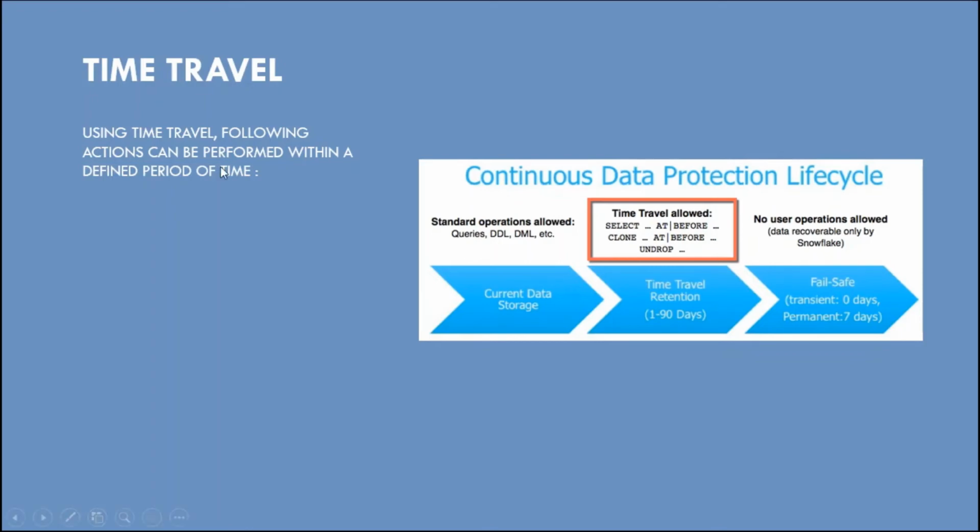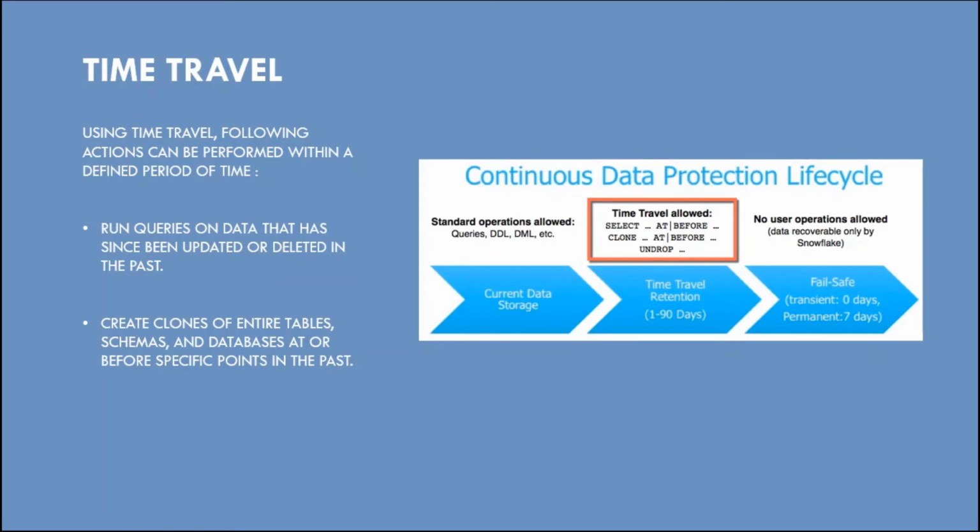Now let's see what operations can be performed using time travel within a specific period of time. First, we can run queries on data that has since been updated or deleted in the past. As I have explained, we can restore the data from a specific point of time in the history for a specific object using time travel queries.